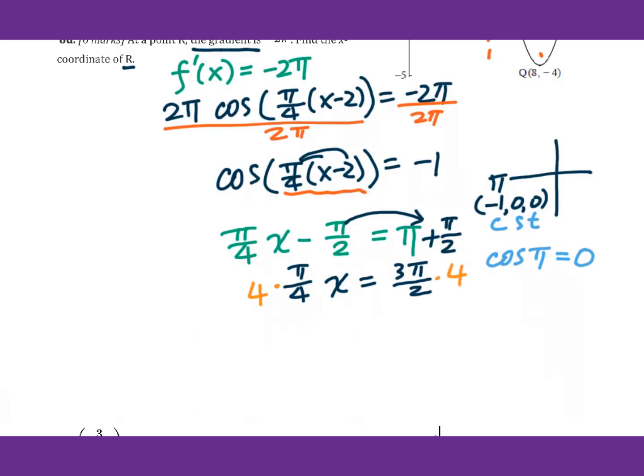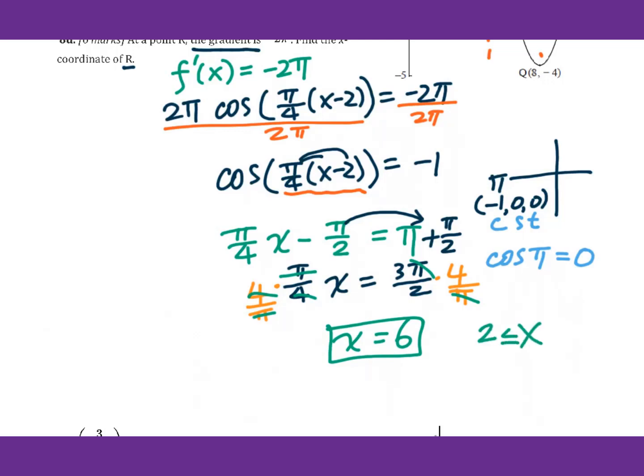Then divide by pi. You will get x equals 6. Since this 6 is in the domain between 2 and 10, therefore, this is the correct answer.